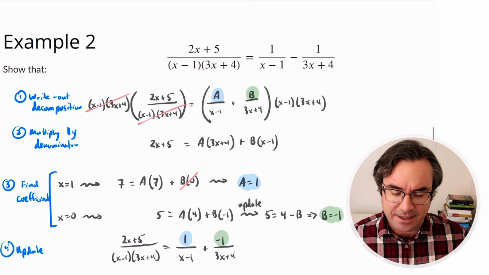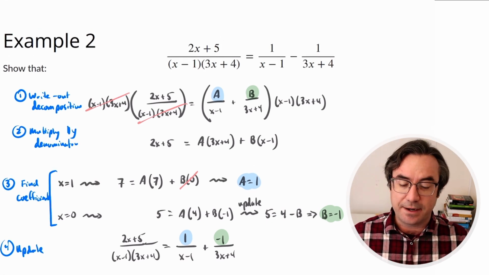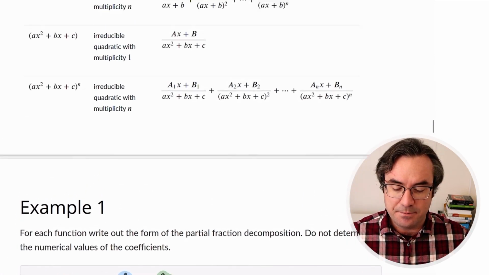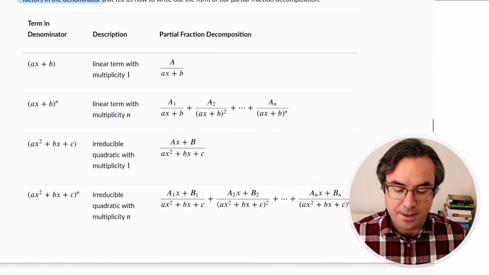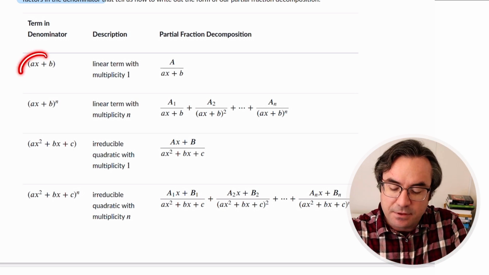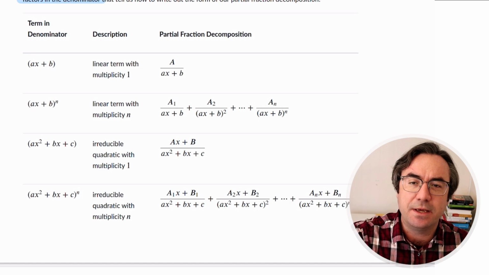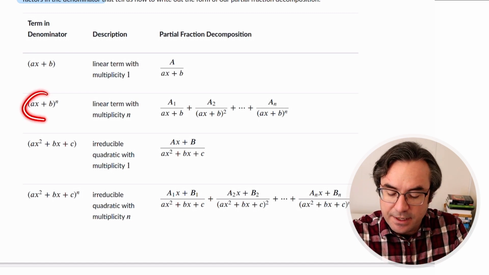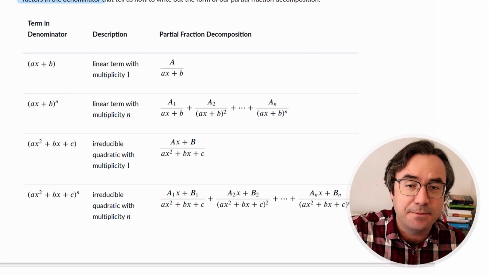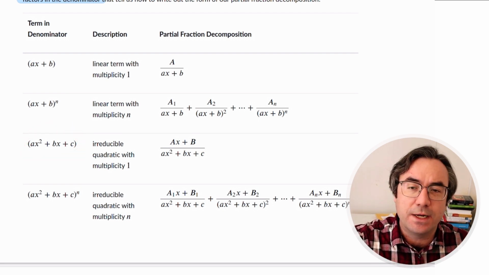All right, so let's try one more of these. And I want to look at the case where we end up with what's called an irreducible quadratic. So if we go back up to our big table here, there's a few different options for what can happen. We can have a linear term that only happens once, only one copy in our denominator. We can have a linear term that happens more than once, so we say it has multiplicity n. Or we can have an irreducible quadratic.